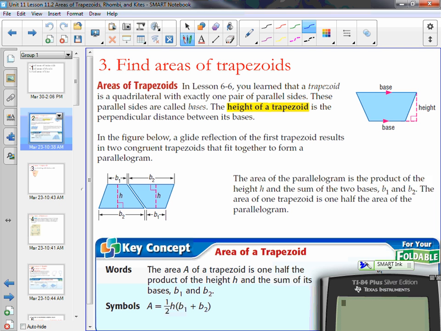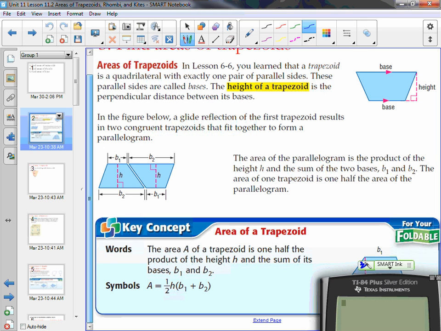Okay? This is in the figure below. So take a look at this figure. A glide reflection, so we have to scoot it over, then flip it over, of the first trapezoid results in 2 congruent trapezoids that fit together to form a parallelogram.